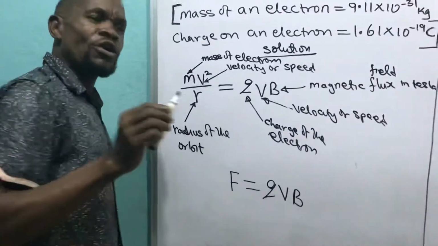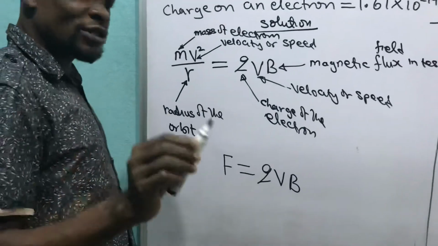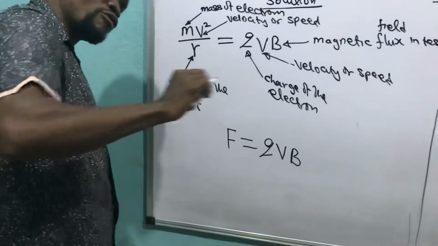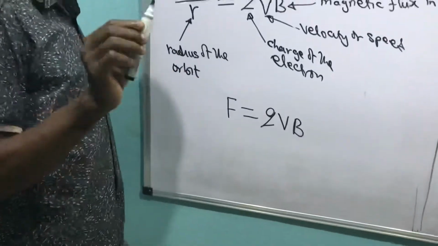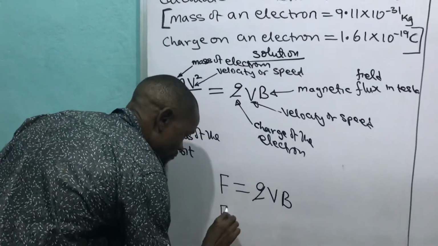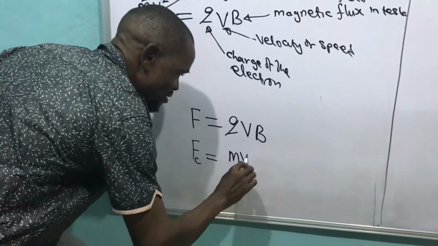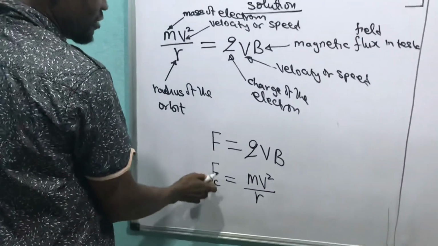Also, the force that makes an object move in a circular form is called the centripetal force, Fc, which is equal to mass times velocity squared all over r.